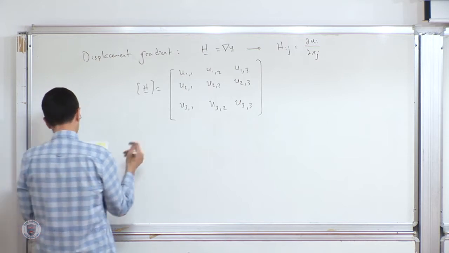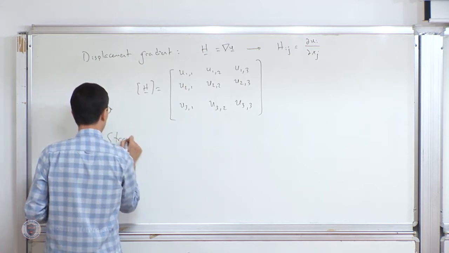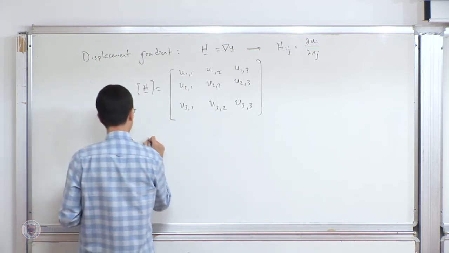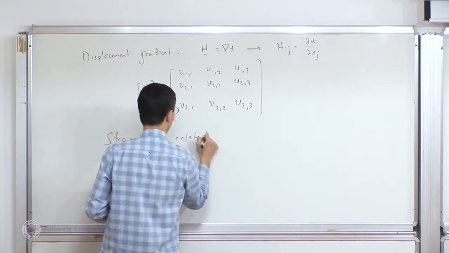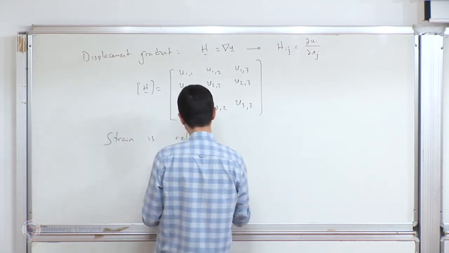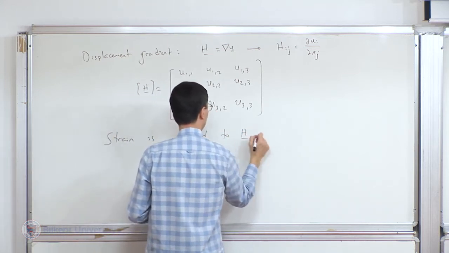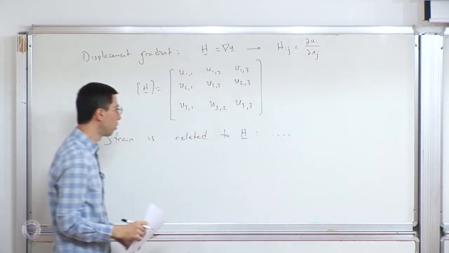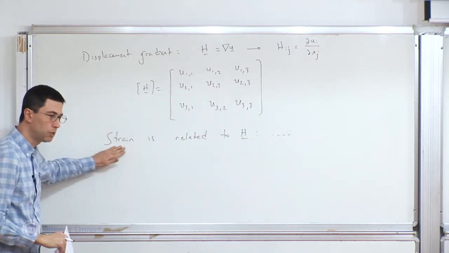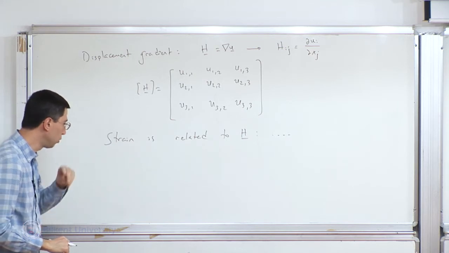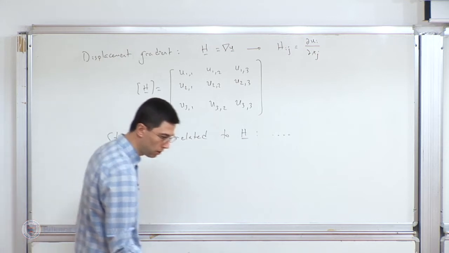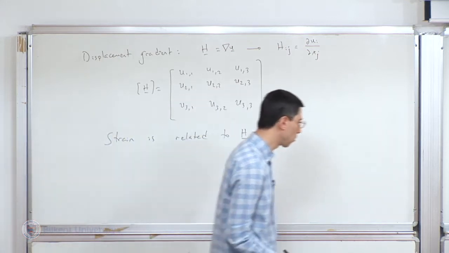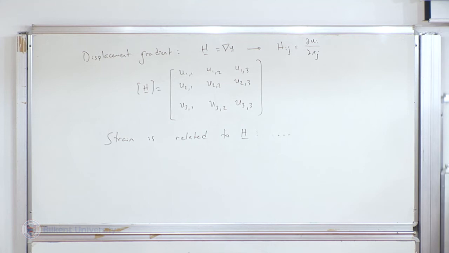Let me make a note here because it's going to take a while before we come back to an explicit expression for strain in terms of H. First, because it's been a while perhaps since you've made use of strain and stress in detail in your courses after the fundamental mechanics courses, I want to go back and remind you of the basic strain concepts.